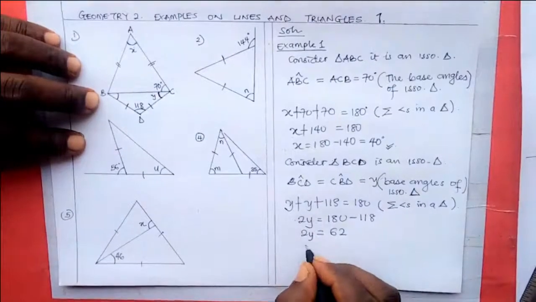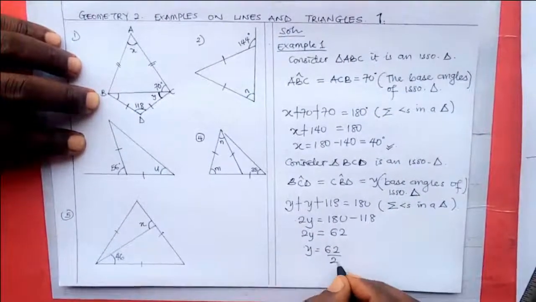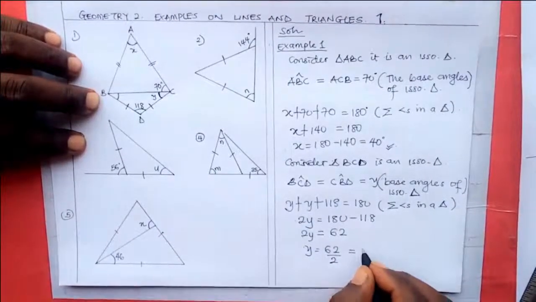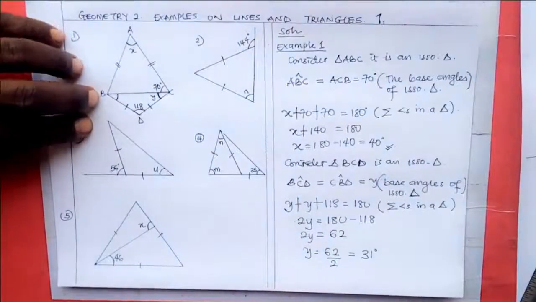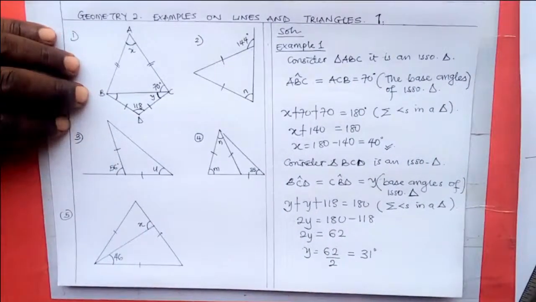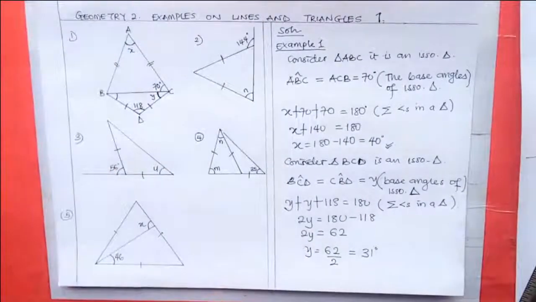So 2y equals 62, so y is equal to 62 divided by 2, which is equal to 31 degrees. So we have seen how we used the theorem to solve for x and also solve for y.